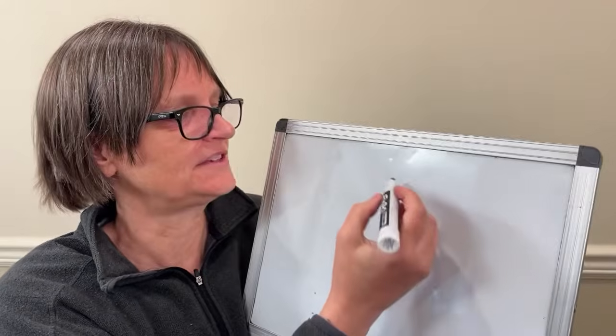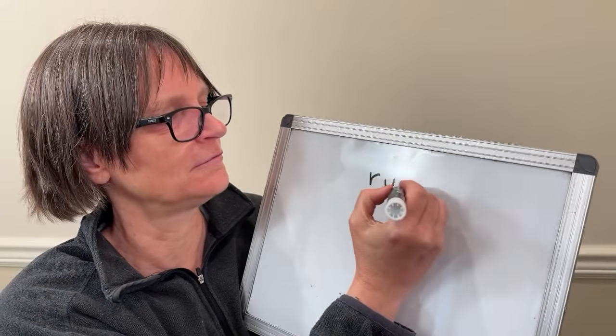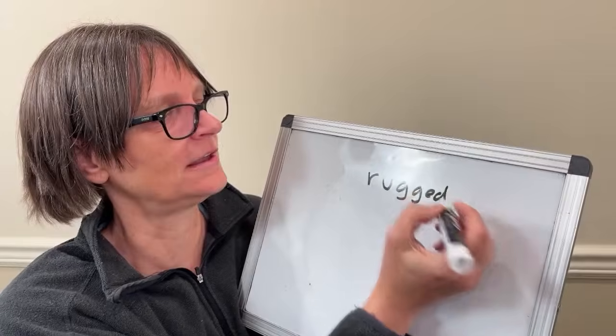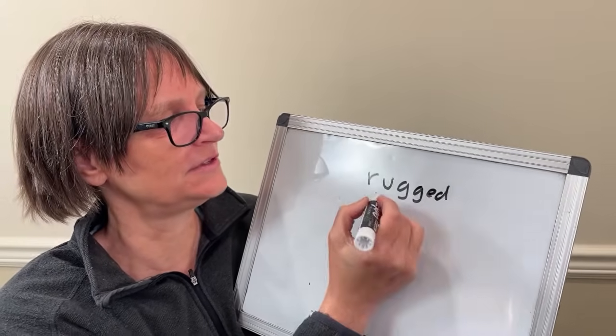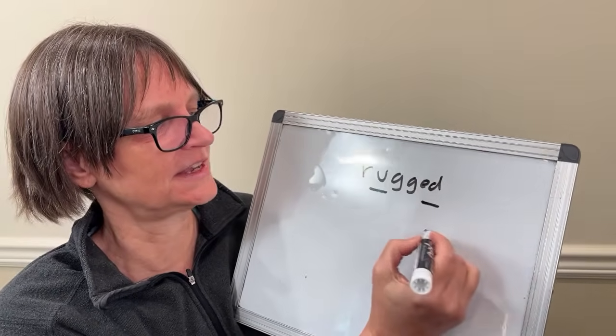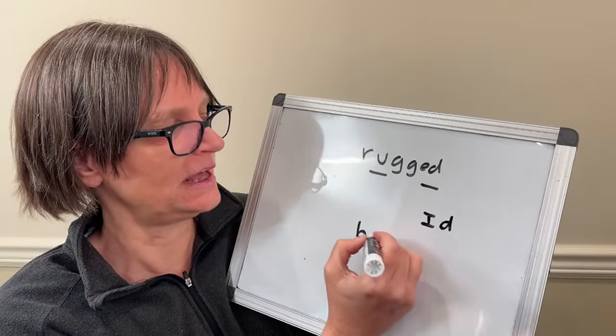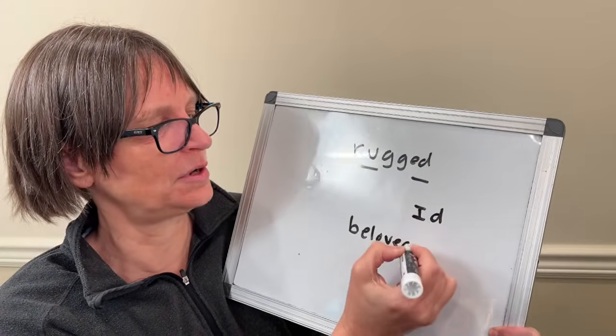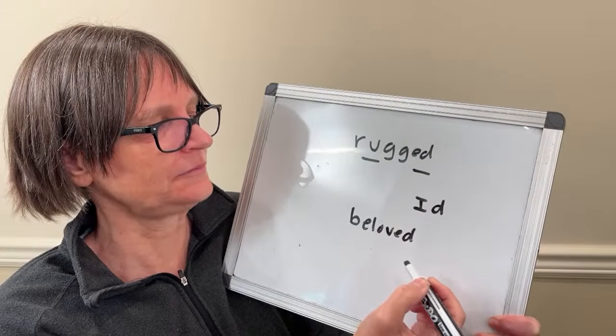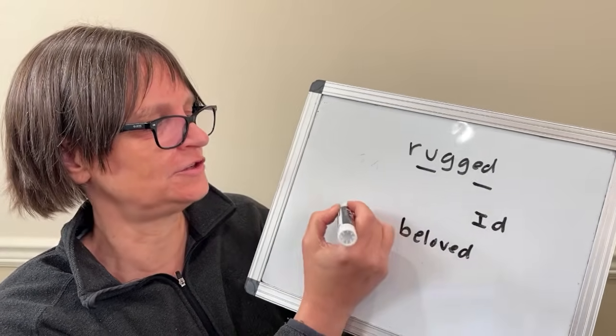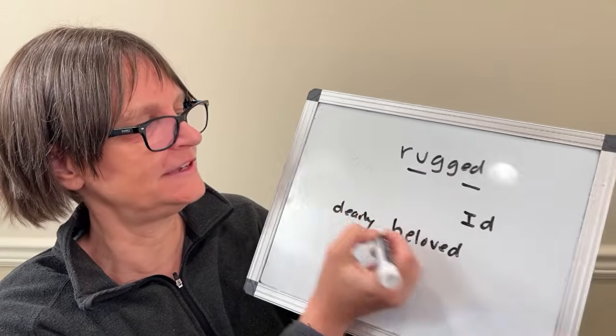Okay, great. We have a question about rugged and beloved, and why do they, instead of, so I don't say rugged, I say rugged. 2 syllables, rugged. So it sounds like id at the end, or beloved. So beloved, people do both. So for example, in church, you might hear dearly beloved.